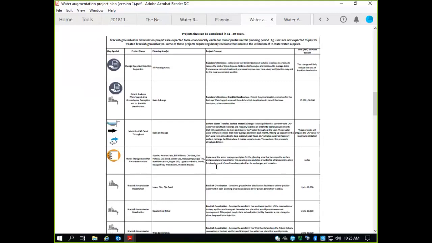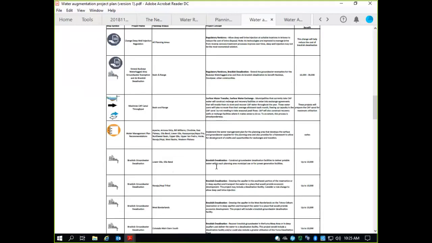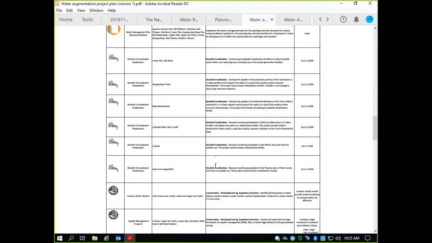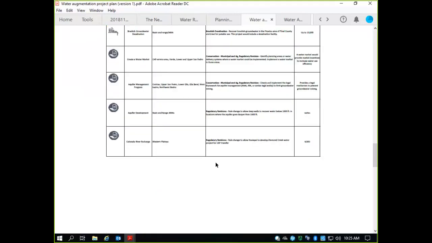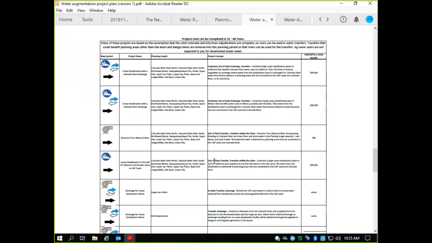So we intentionally put those projects into the 10 to 30-year time period because we thought that's when they realistically could happen. Then the third time period, where projects would come into fruition between 30 and 60 years, is when we put very big projects, very large projects.